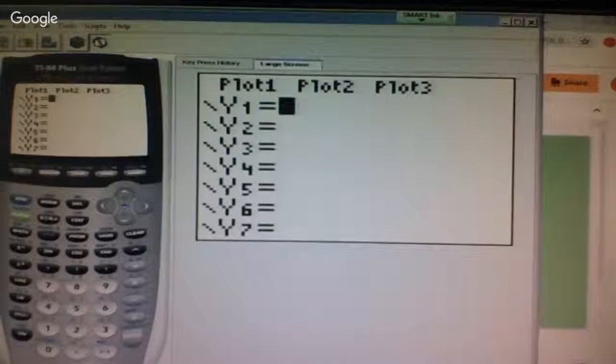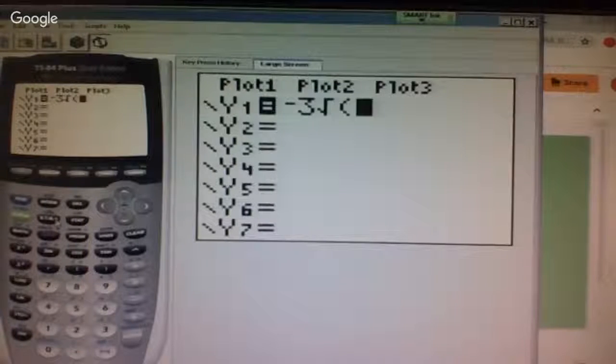So, let's do example 2. So, negative 3 square roots of x. Okay, that's the left side of your equation. Everybody good? That should equal negative 18. So in y2, I want you to set it equal to negative 18.